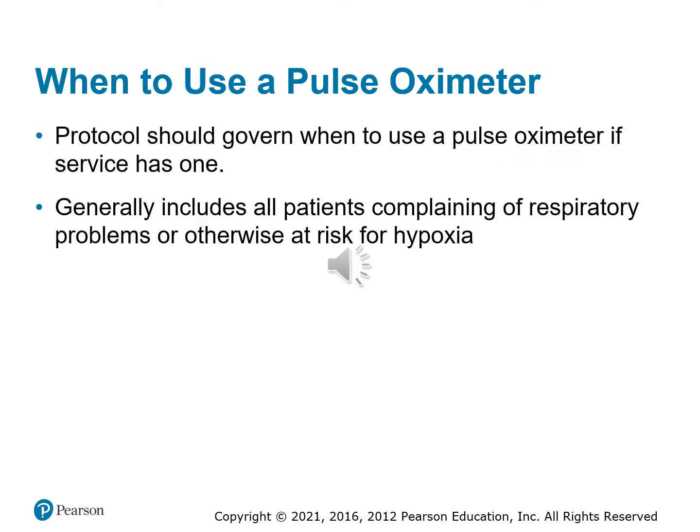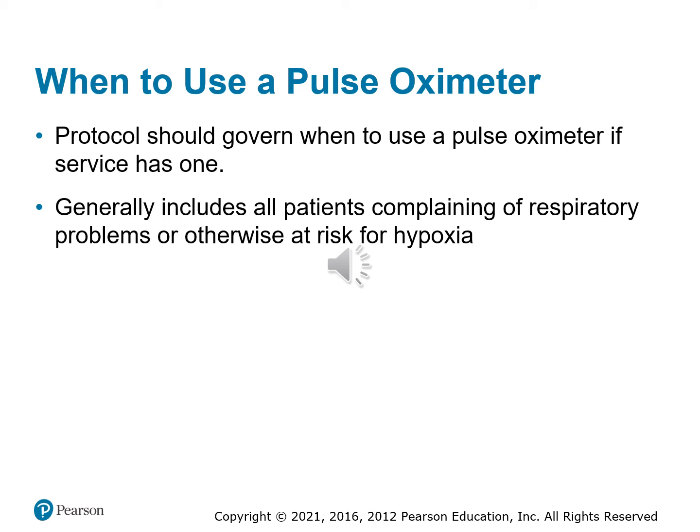Always work within your protocols when it comes to these extra devices that you may have. Pulse oxes are very common in the COVID era. You'll even find a lot of people that have pulse oxes in their house that they've been given because they've had COVID, and the doctors want them to regularly measure what their oxygen level is, because that's one of the early indicators that something more serious could be going on.